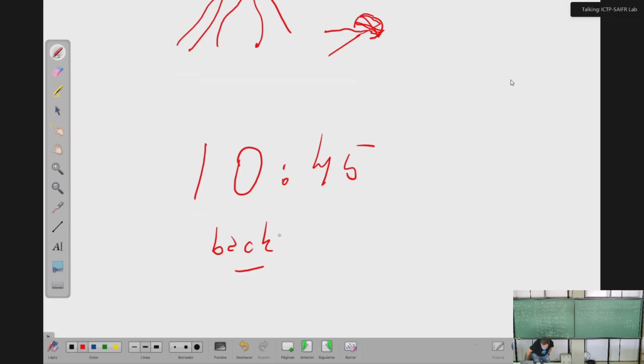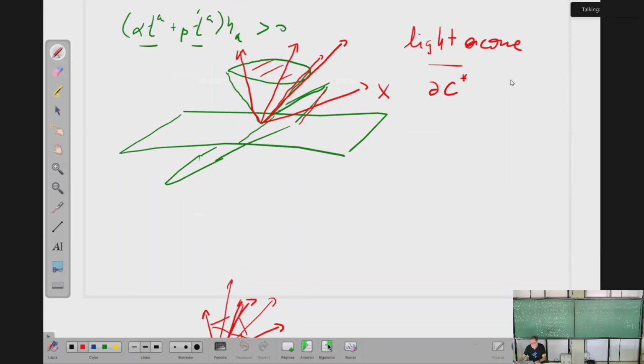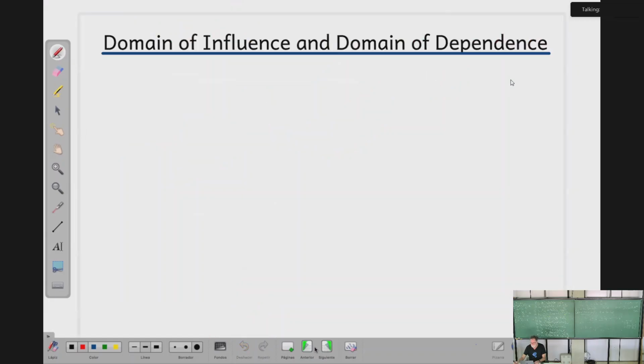Okay, we continue now. So let me recount what we saw. We have a symmetric hyperbolic system.